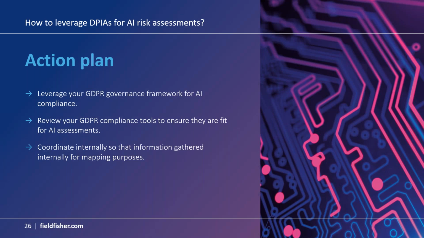The first thing is that you don't necessarily have to start from scratch, and indeed there are many benefits to looking to leverage your existing GDPR governance framework for AI compliance. So, there is the opportunity to build atop of what you already have from a privacy governance perspective.